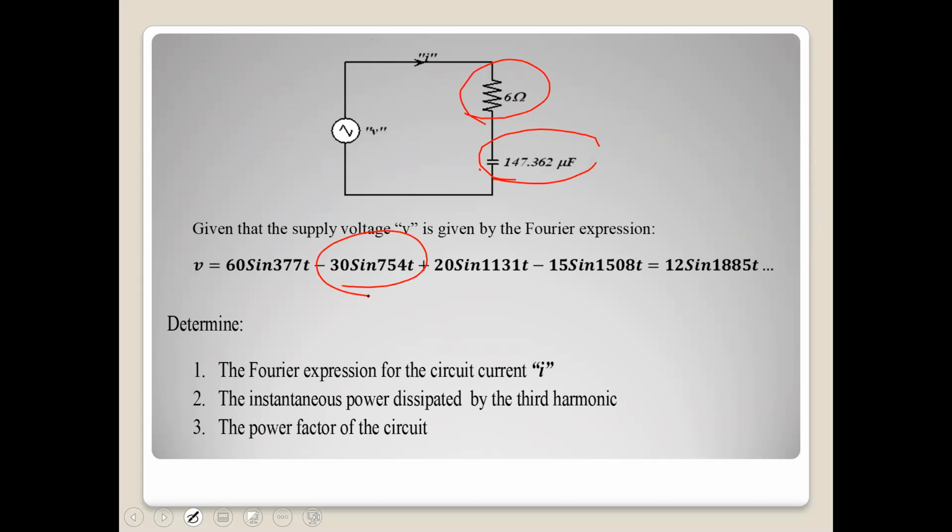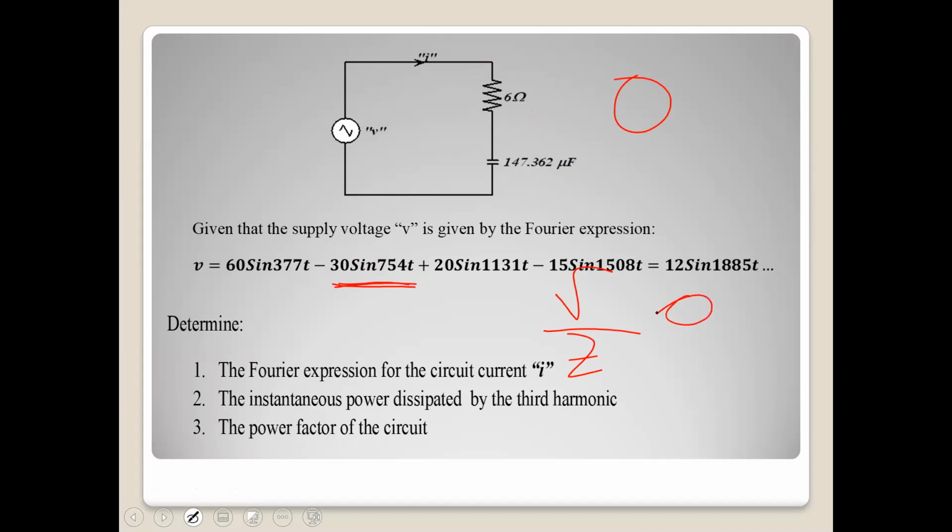It's not a trick question, but it's 0. Oh, I see what you're asking. If you have V over Z, the phase angle would be 0 minus whatever phi you found for Z.